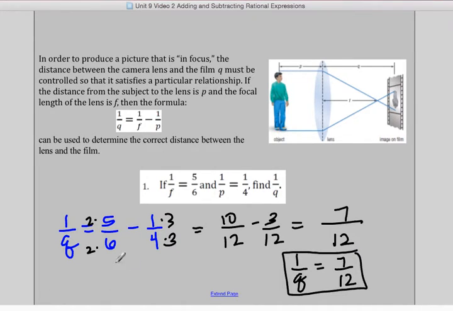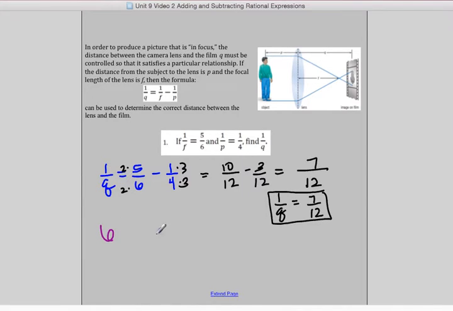When you're finding your common denominator, what you're really doing is finding your least common multiple between these two. If I was just talking about 6 and 4, you can do the factor tree. 6 breaks down into 2 times 3, and 4 breaks down into 2 times 2. The way you find your least common multiple, the smallest number that they both multiply to, is you take the greatest number of each factor.